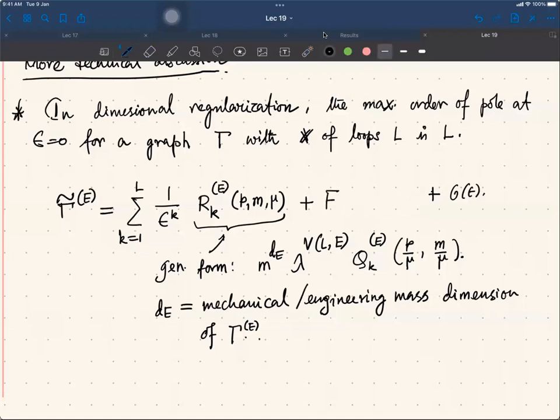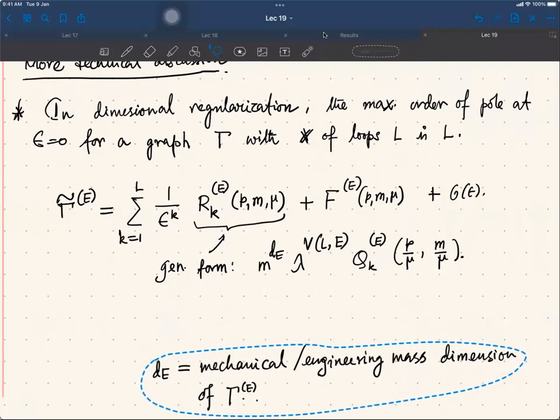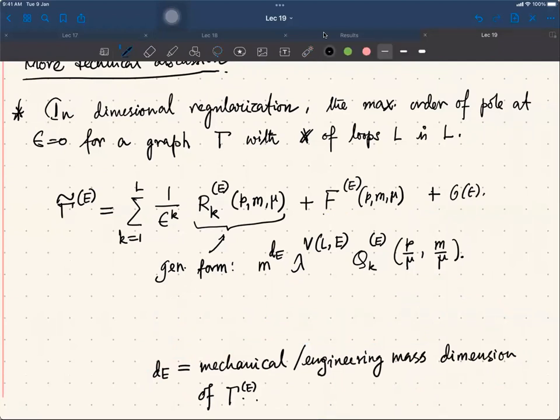So this is F finite piece, E of P, m, mu, and this will have m to the power d_E, lambda to the power v(L, E), times a curly function of P/mu.